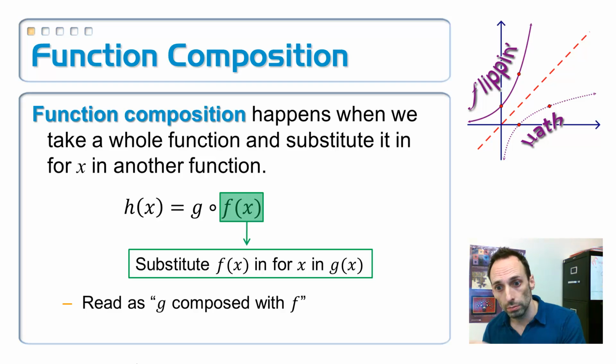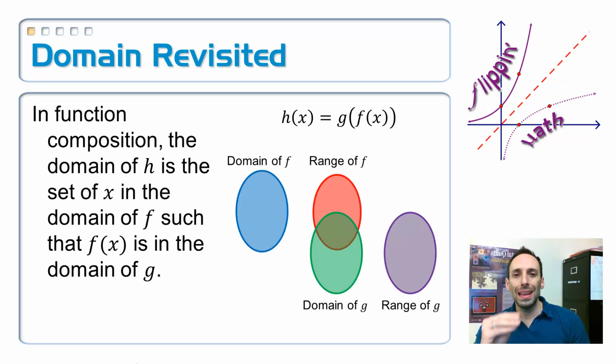When I mentioned that the domain might be tricky, here it is. Since you're taking a function and sticking it into another function, the interior function has an output, and that output now becomes the input in the other function.